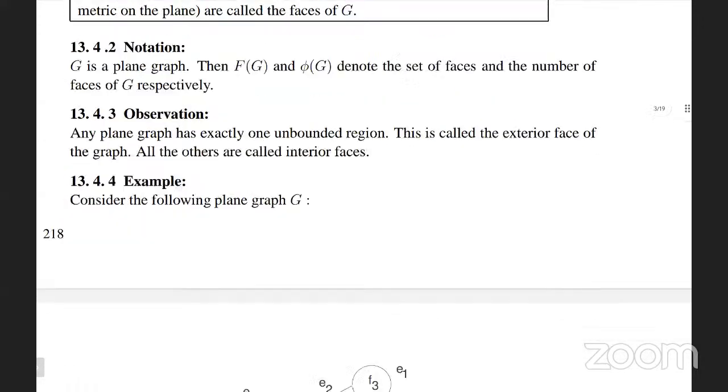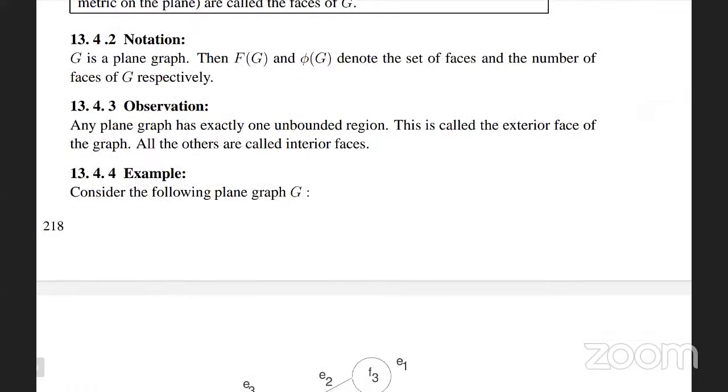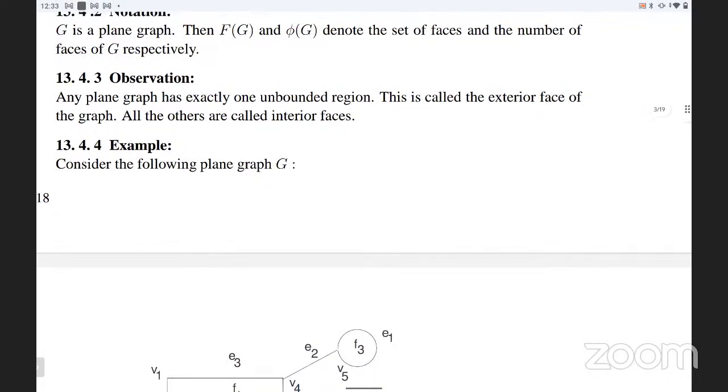Next observations. A face can be a bounded or unbounded region, and also an interior face or an exterior face. If I take a plane graph, it has exactly one unbounded region. Bounded means it is connected, unbounded means it is not connected. So these are called exterior faces or interior faces.